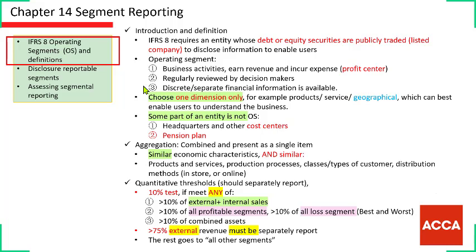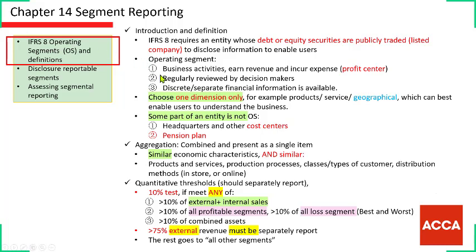And the operating segments would basically be the profit centers, like how you manage your company. For each operating segment, they might have different locations, different services, different products.